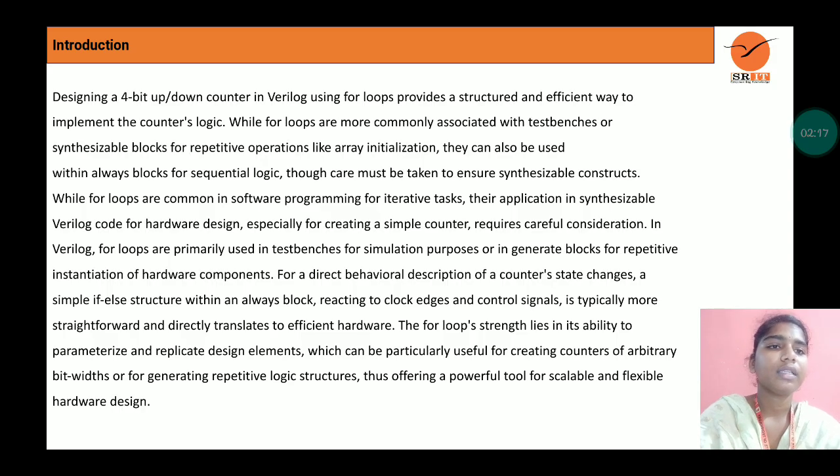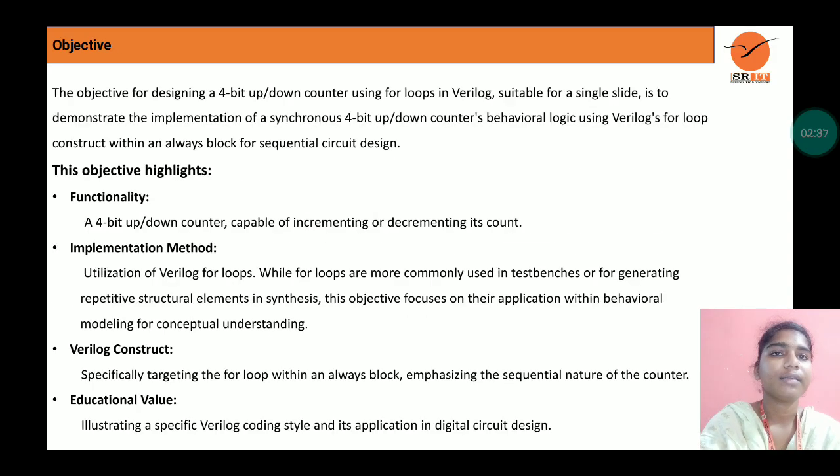The for loop's strength lies in its ability to parameterize and replicate design elements, which can be particularly useful for creating counters of arbitrary bit widths or generating repetitive logic structures, thus offering a powerful tool for scalable and flexible hardware design.